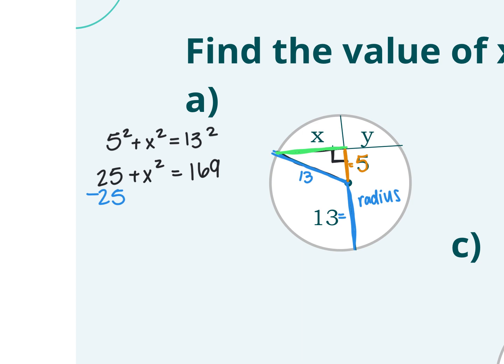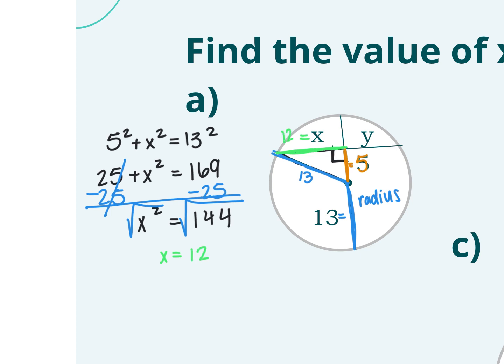Subtract 25 from both sides. x squared equals 144. How do I get rid of a squared? Good, square root it. And what's the square root of 144? x equals 12. So x is 12.